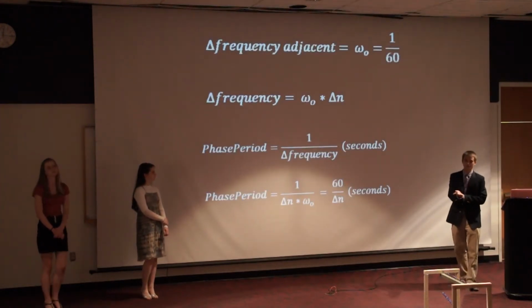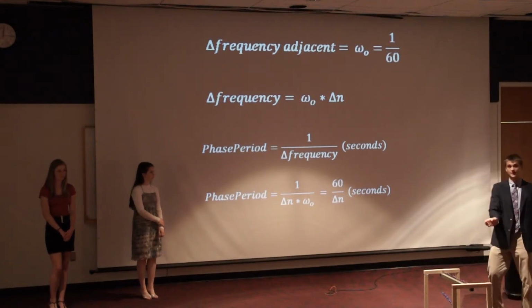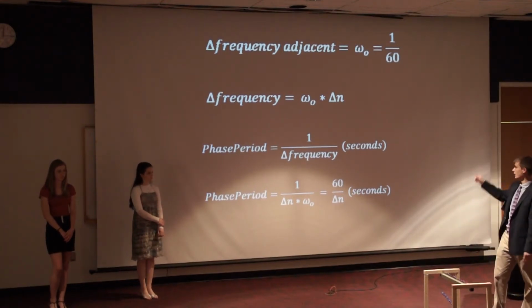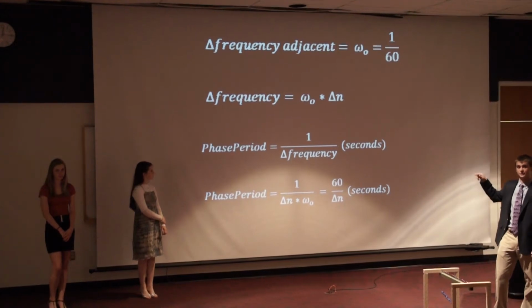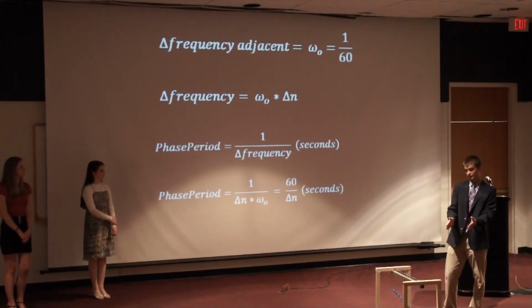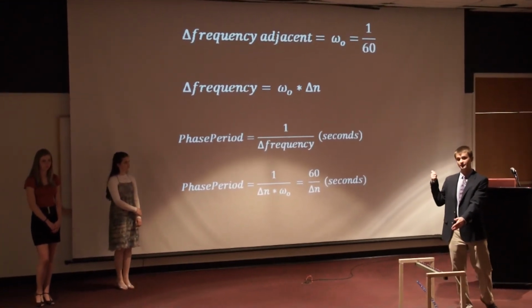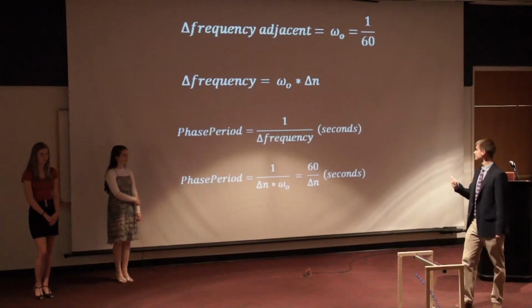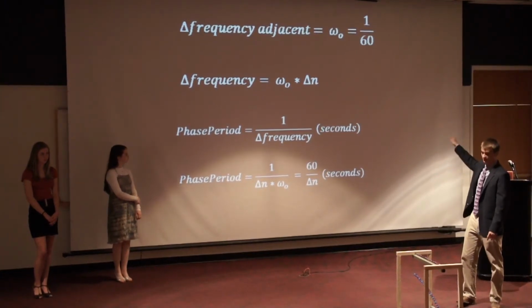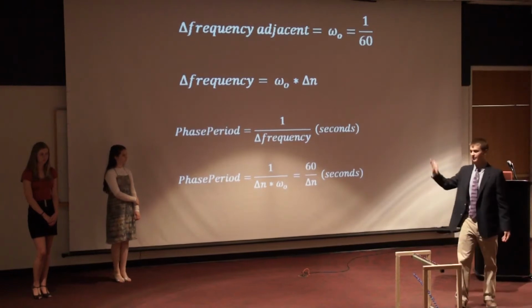For our specific pendulum model, the difference in frequency between adjacent pendulums is constant, so it's constantly increasing by 1/60 oscillations per second, and that's what we define as omega naught. And then the delta frequency between any two pendulums is equal to a multiple of that initial frequency difference, and that's omega naught times delta index, which is just a fancy way of saying if they're 5 apart, it's 5 times omega naught.